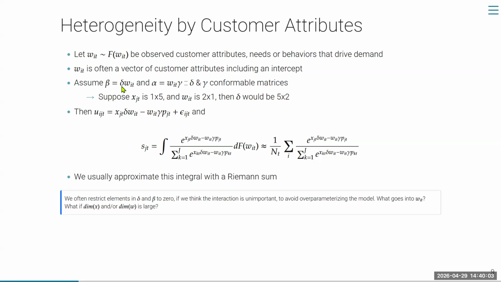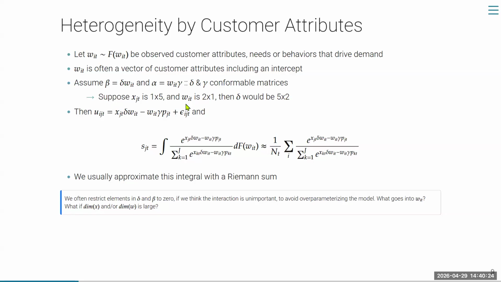Now, the thing to notice here is that the number of parameters that we could estimate in delta or in gamma is going to be the size of the product attribute vector times the size of the customer attribute vector.